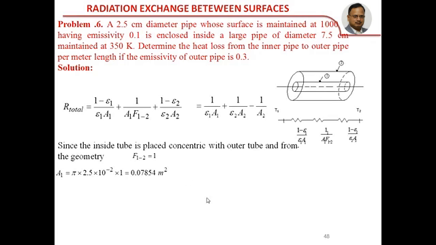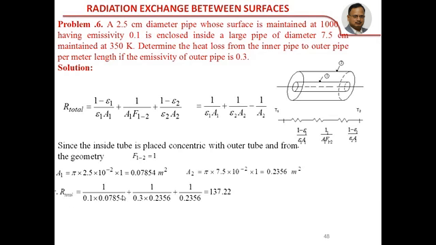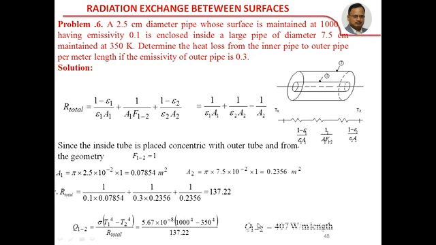Now A1 is equal to pi D1 L and A2 is equal to pi D2 L, and R total you can determine. Now we know A1, A2, F12, etc. And Q equal to sigma (T1 to the power 4 minus T2 to the power 4) by R total, which is equal to 5.67 into 10 power minus 8, (1000 to the power 4 minus 352 to the power 4) by 137.2, which is 407 watt per meter length.